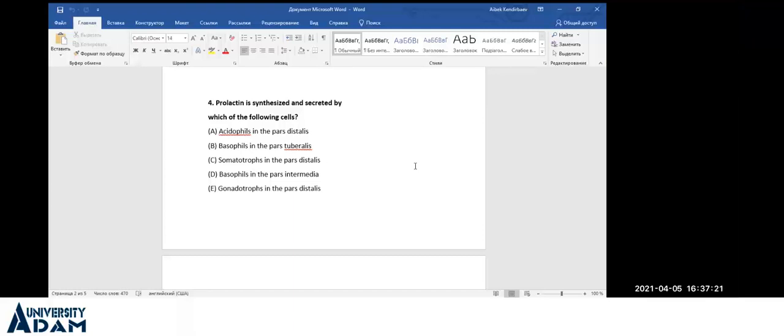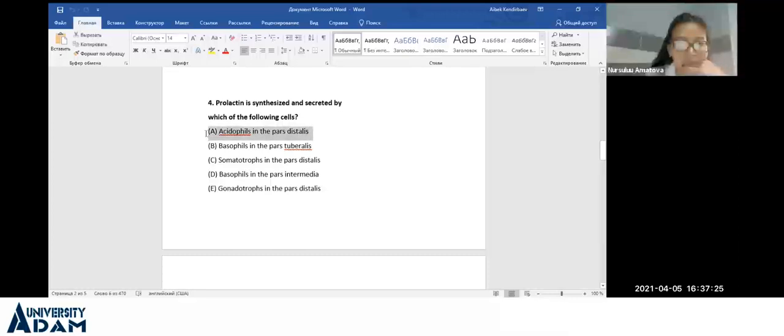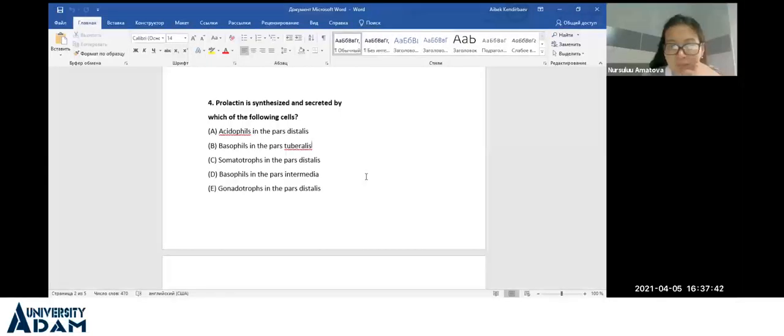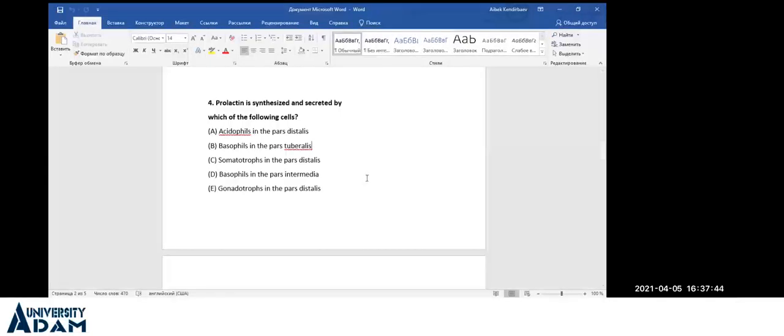Ma'am, A, acidophils in the pars distalis. Why, when I asked about acidophils, did nobody know? Ma'am, acidophil cytoplasmic granules have an affinity for acidic dyes, staining with eosin, unlike basophils.